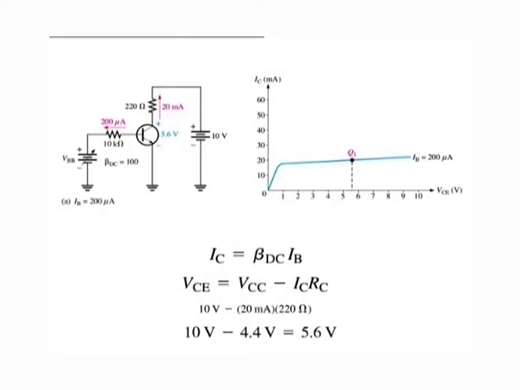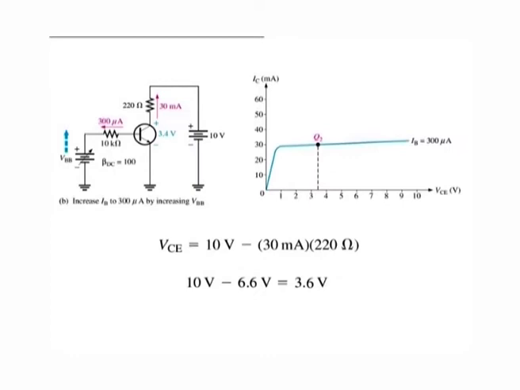Substituting the values of VCC, IC and RC, we get VCE equal to 5.6 volts. The Q point is shown on the graph of figure as Q1.